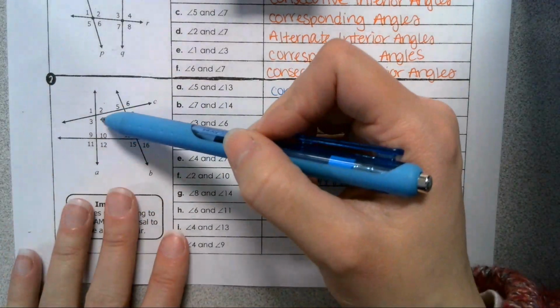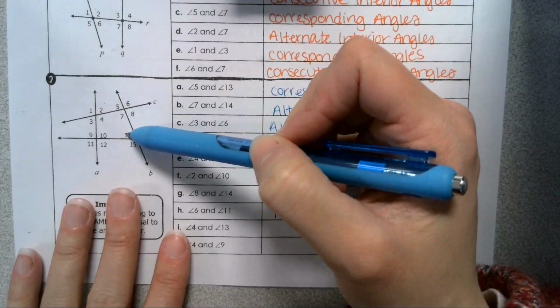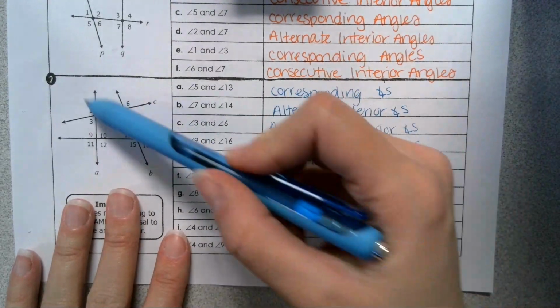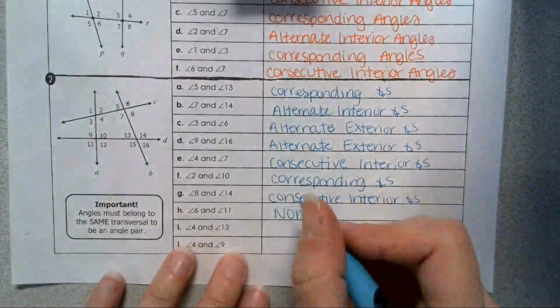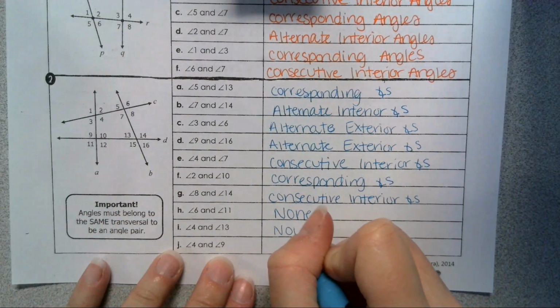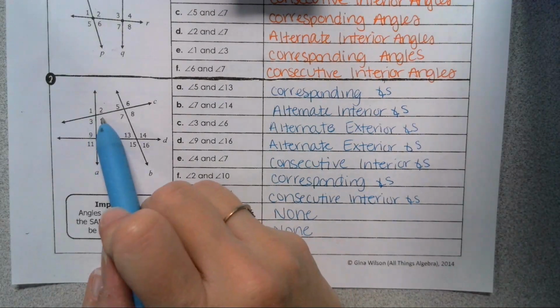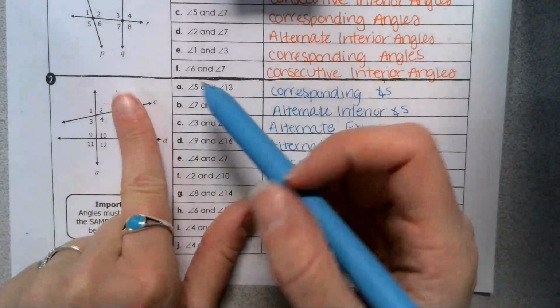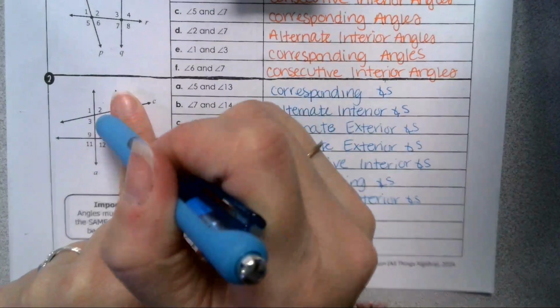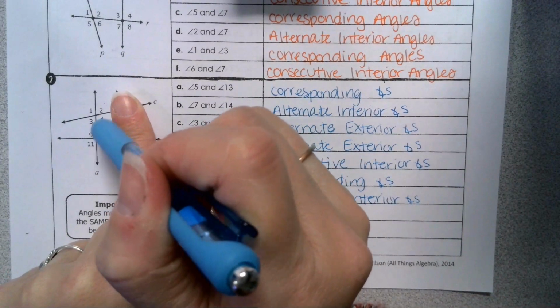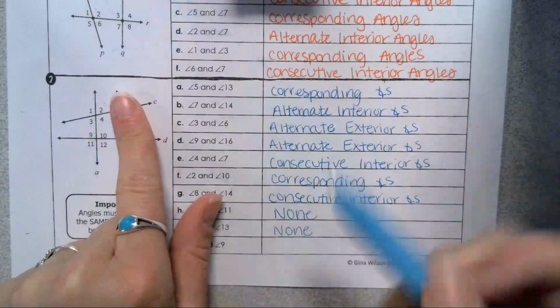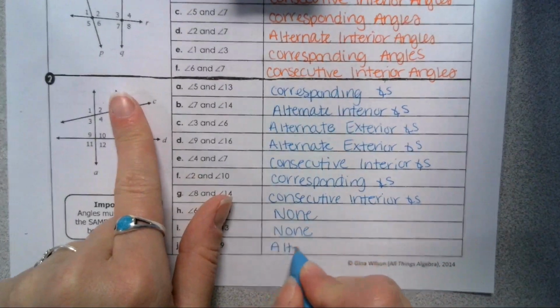So 4 is here on the inside and 13 is here on the inside, but they are also diagonal clusters. So they don't share a transversal. So they also have no angle pair in common. Last one is angle 4 and angle 9, so I'll cover that up. 4 is on the right side of my transversal, 9 is on the left, so those are alternate. They're both on the inside, so this last one is alternate interior.